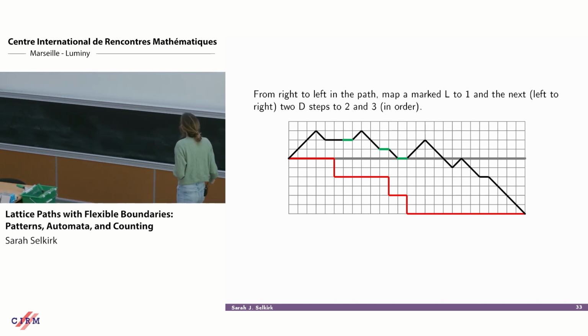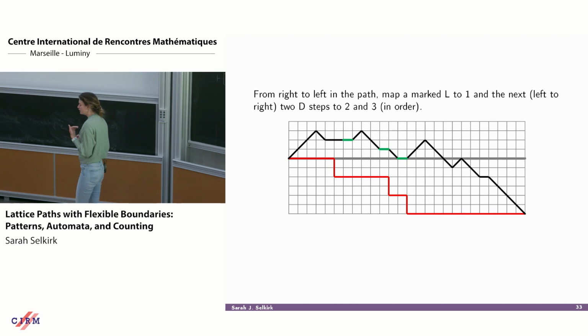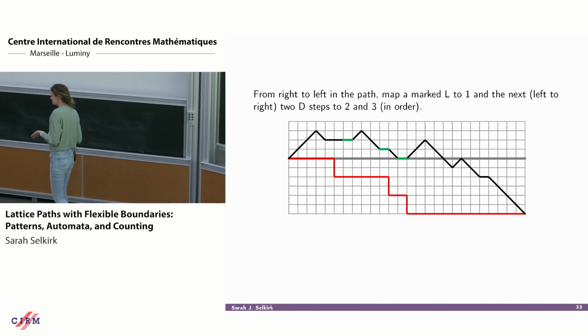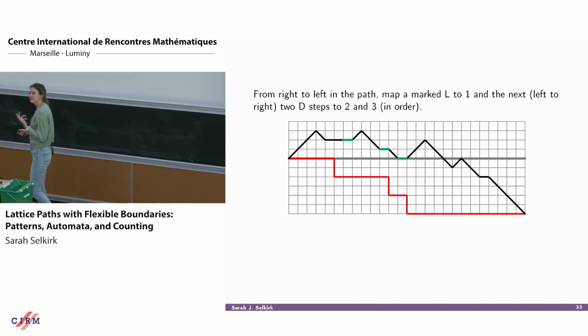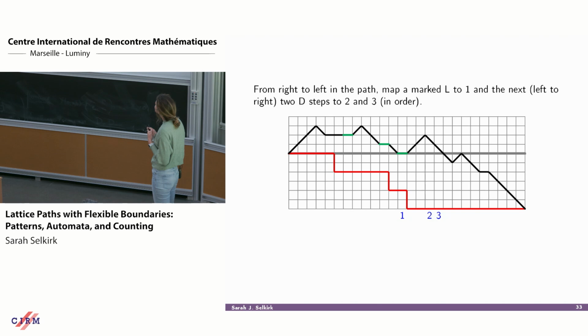Good. So then what we're going to do is allocate numbers to all of the steps in the paths. These numbers are going to be between 1 and 3. This is going to indicate where the number comes in the Young tableau. Okay, so whenever we see a marked level step, we're now going to allocate the number 1 to it.